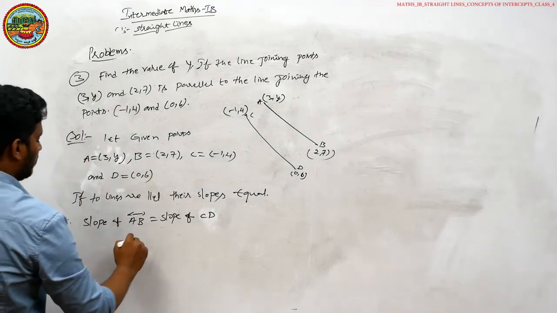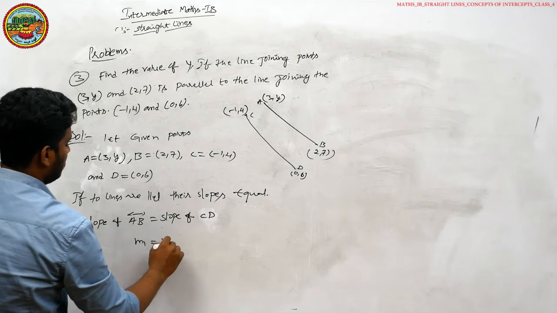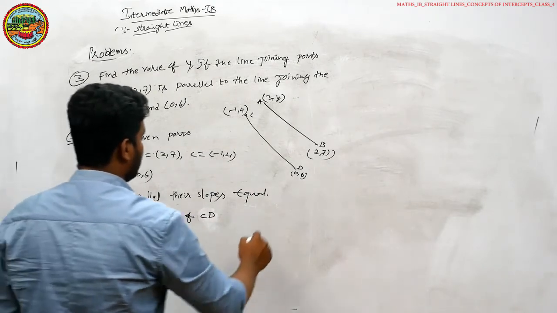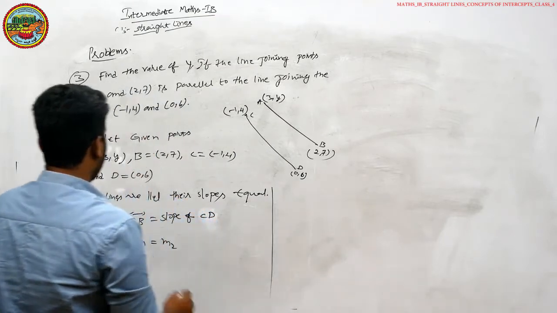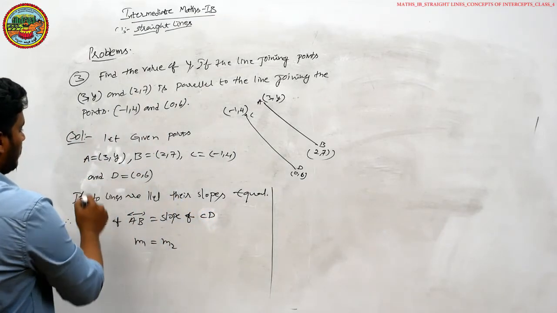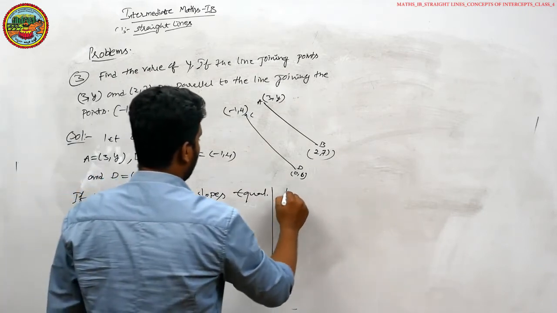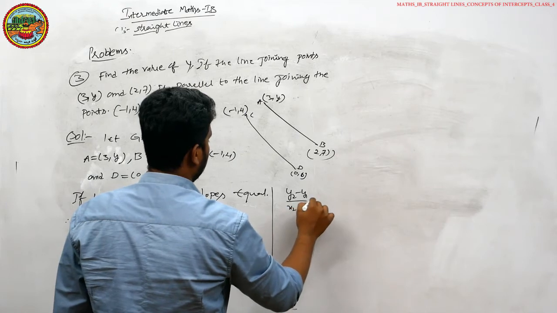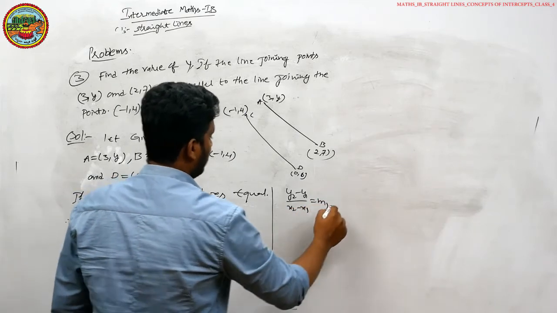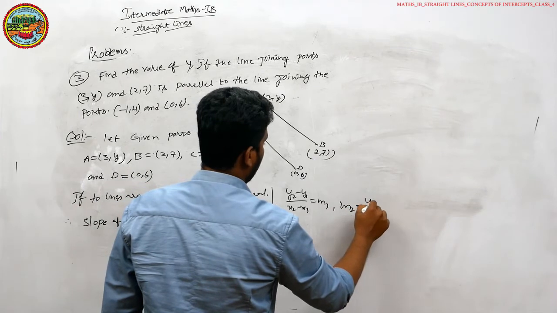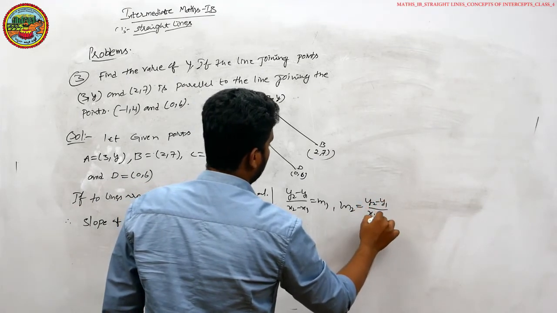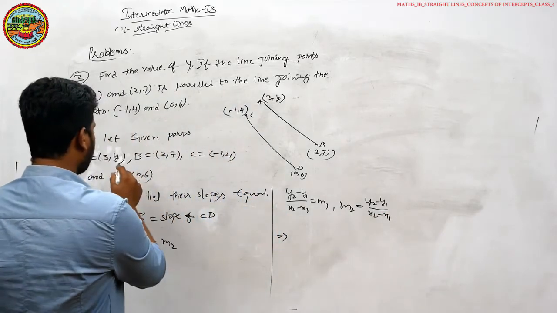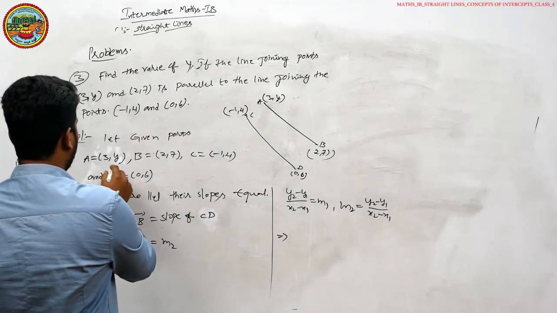This slope is m1, and this slope is m2. By using these slopes, m1 = (y2 - y1)/(x2 - x1), and m2 is also (y2 - y1)/(x2 - x1). So m1 = m2 now.